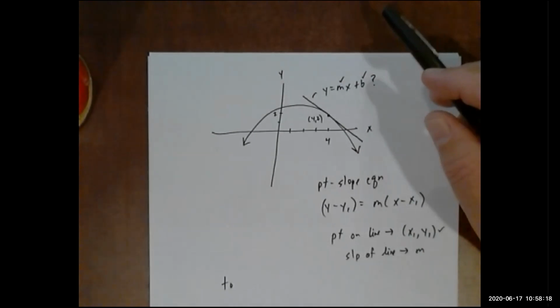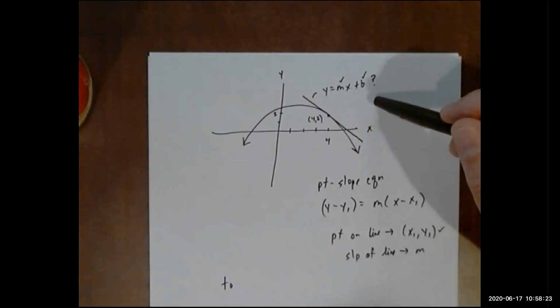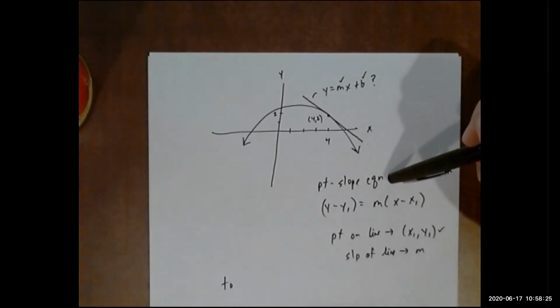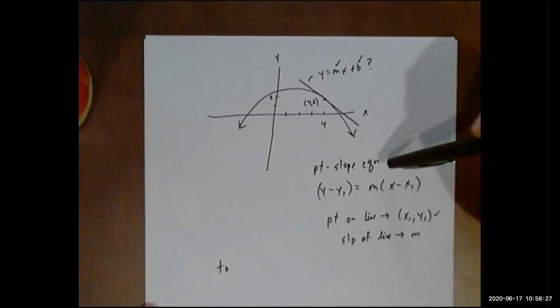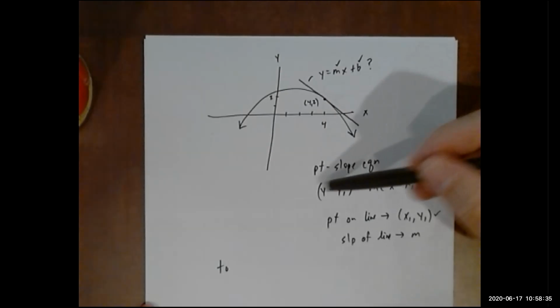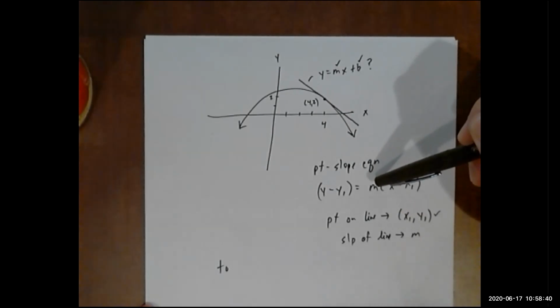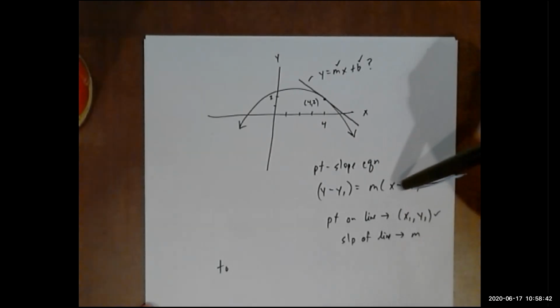There's another equation that you may recall learning about when you were learning about linear equations and graphing, and that's called the point-slope equation. For these kinds of problems, the point-slope equation is definitely the easiest way. Here's the point-slope equation. y minus y1 equals m times x minus x1.